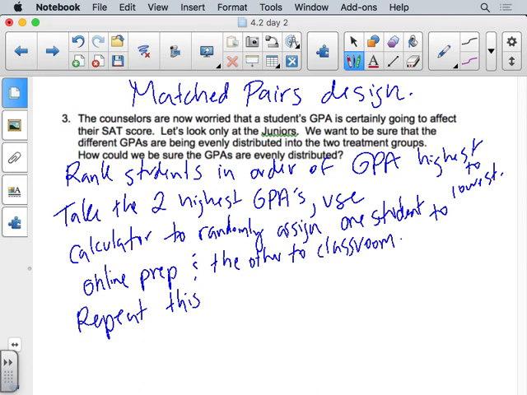Repeat this with the next ranked GPA students until you run out, basically, until you have split everybody.